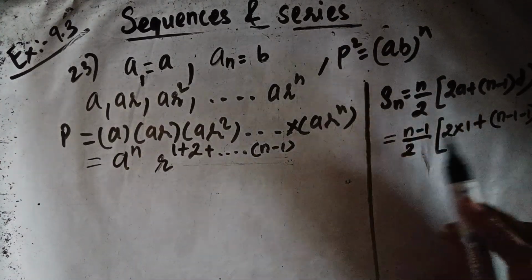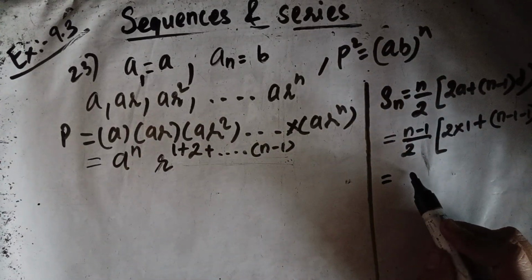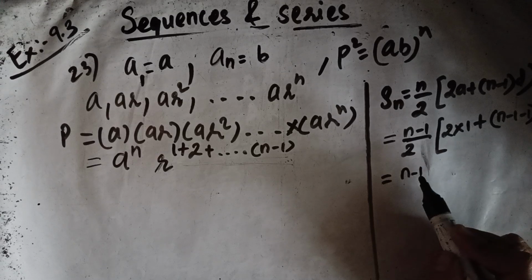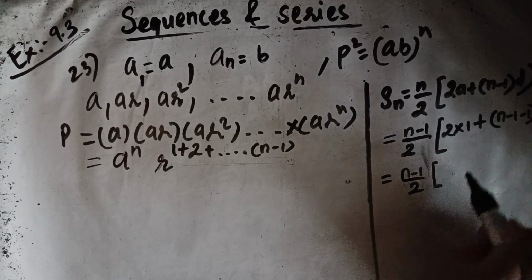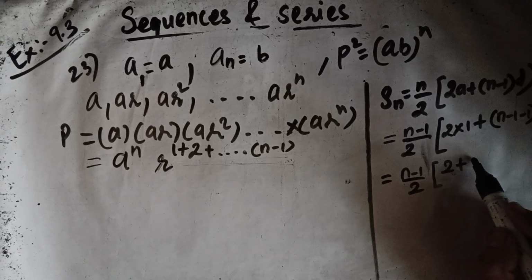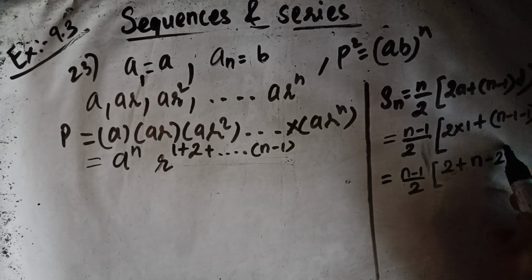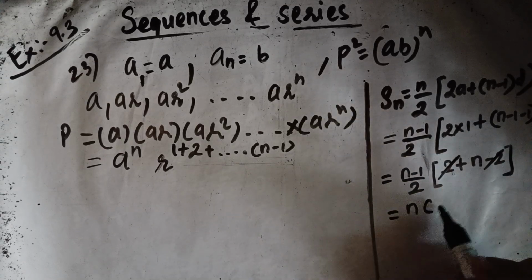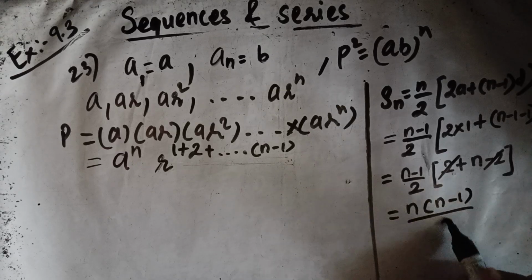So this is n minus 2, and the sum is n into n minus 1 upon 2.